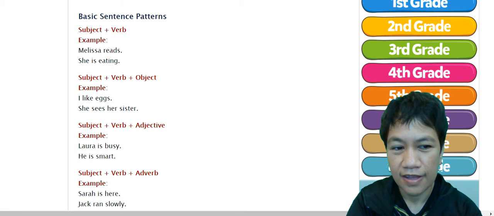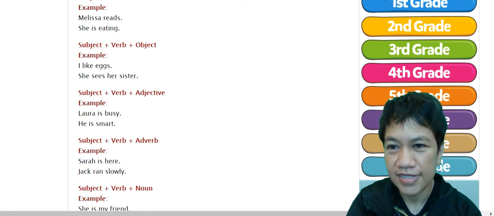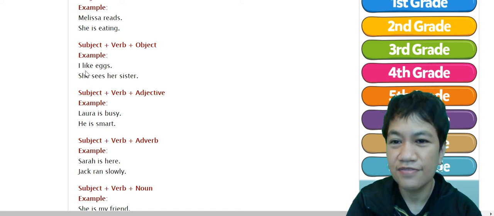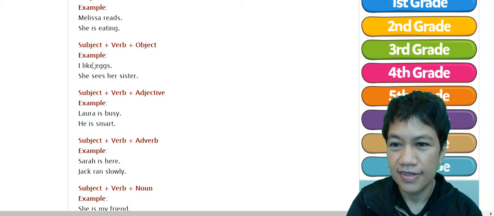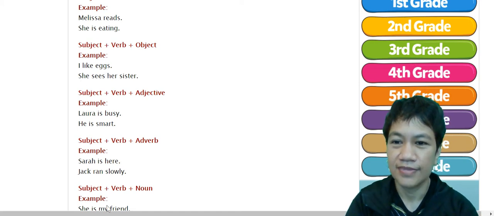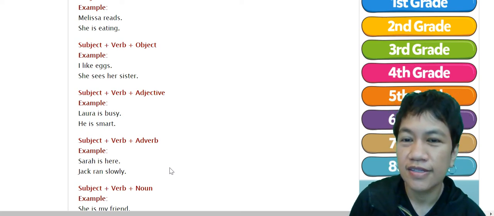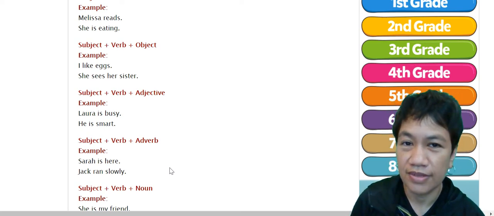Have a look for the example. Subject, verb, object. I. Okay, I is the subject. Like is the verb. And the object is X. And so on. So this is how you write sentences using sentence patterns.